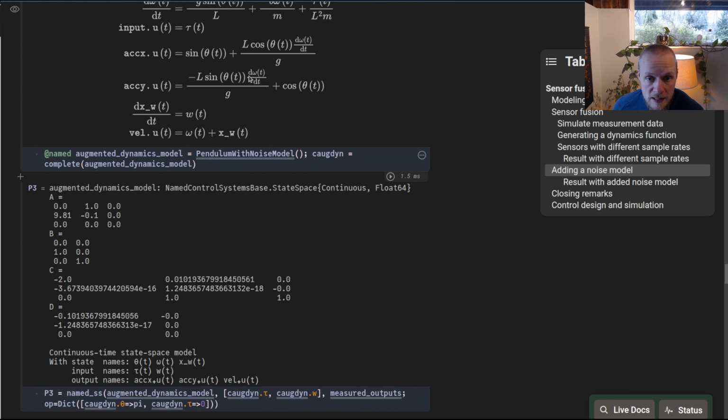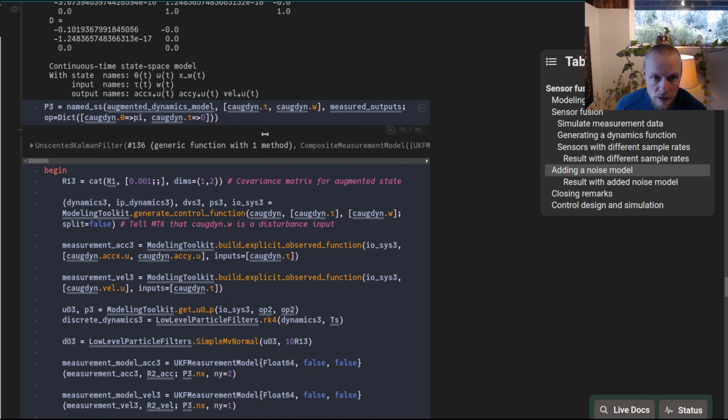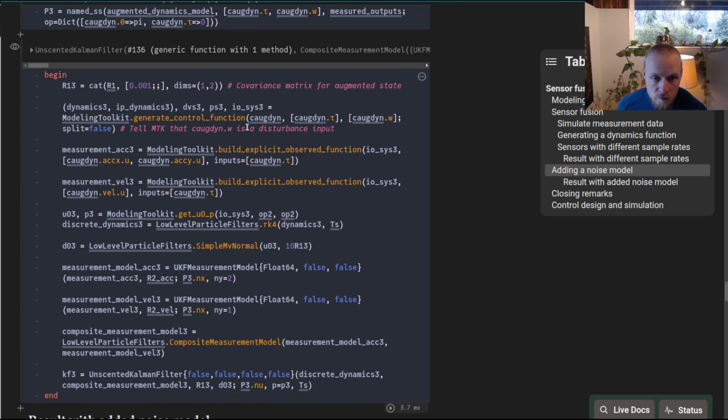I carry on with the same procedure as I did before to generate dynamics functions and so on. I will not go into great detail on that. And now I have an additional state variable in my estimator. So now I need to augment the covariance matrix for the dynamics noise here. So I take the previous covariance matrix and I concatenate that block diagonally with a small number.